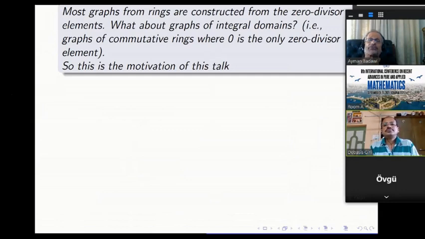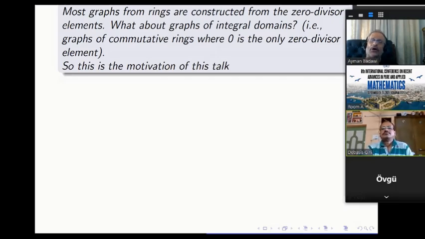Here is the motivation for this talk. If you are in this business, usually all graphs are constructed from the zero divisor elements of the ring. So there is a question: what about integral domains? They are commutative rings, but zero is the only zero divisor element.